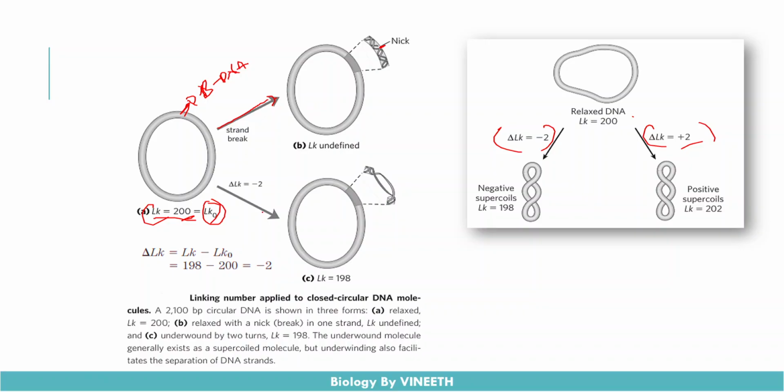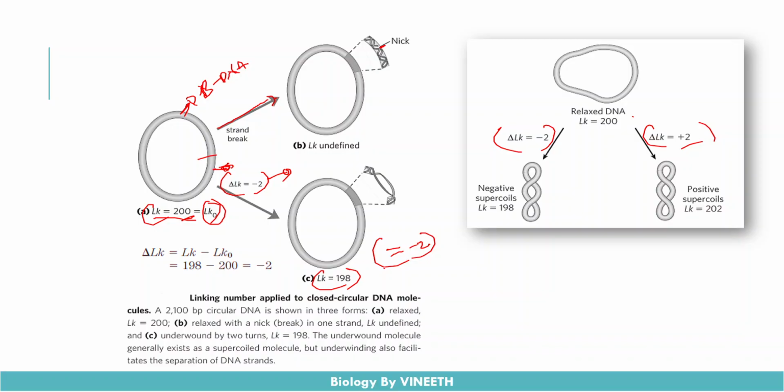Whenever you remove helical turns from the DNA, the linking number changes. Suppose you remove two helical turns from the normal relaxed DNA, so the linking number changes to 198. The difference between the final and initial linking number is -2. This negative sign indicates negatively supercoiled DNA.